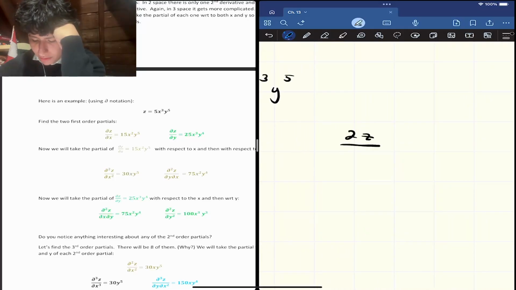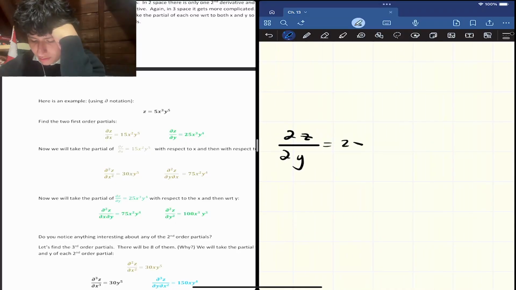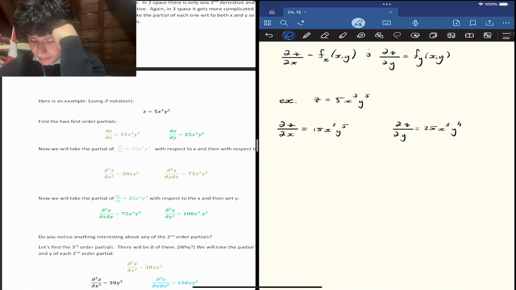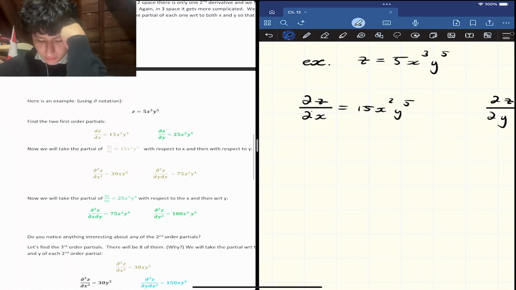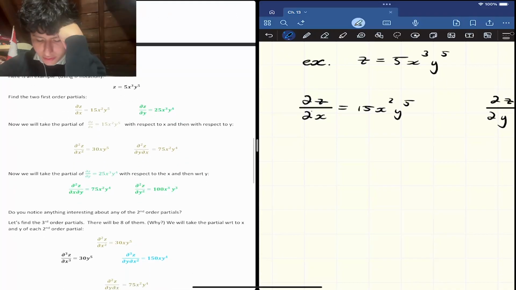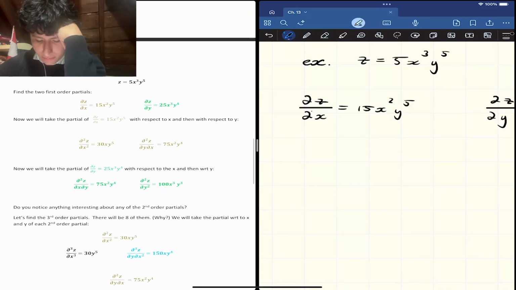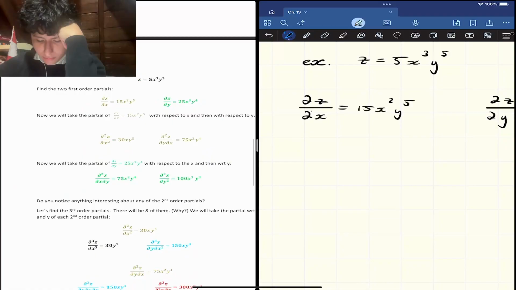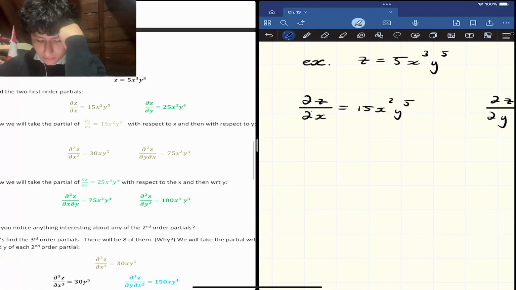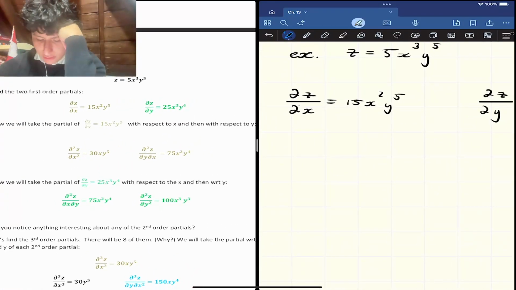The partial now with respect to y is going to be equal to 25x cubed y to the 4th, right? We will now take the partial of each with respect to x and then with respect to y.